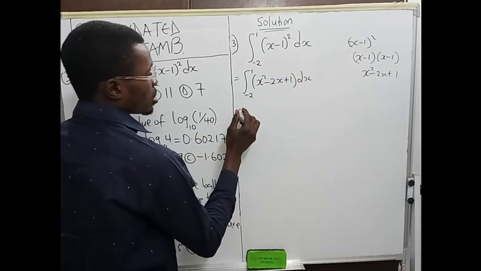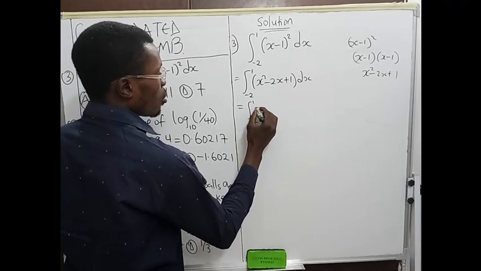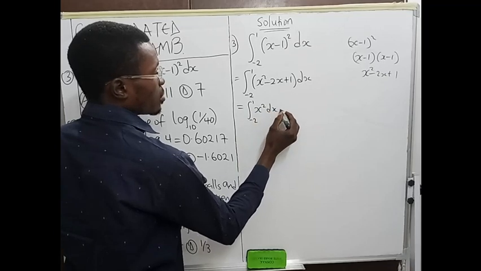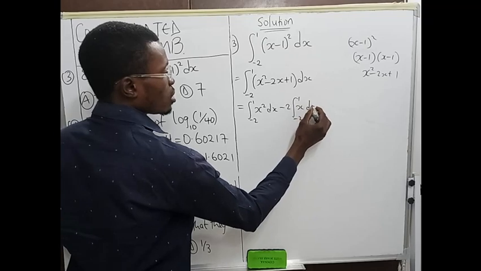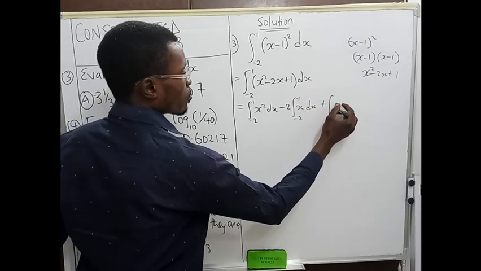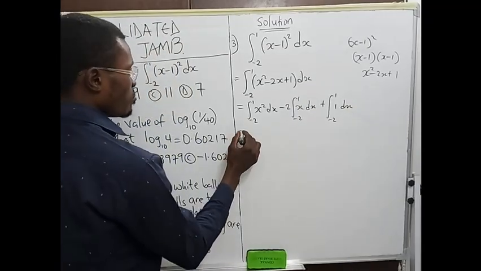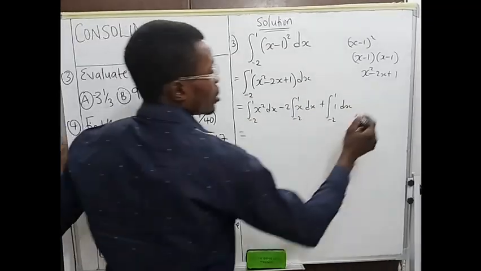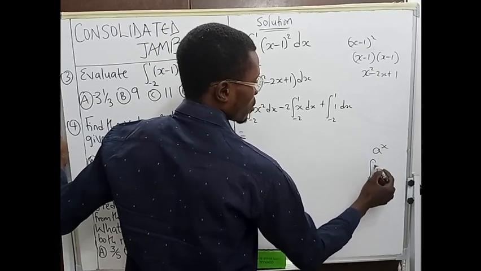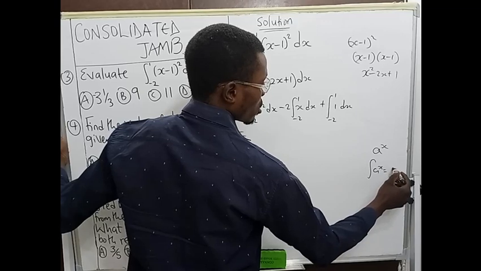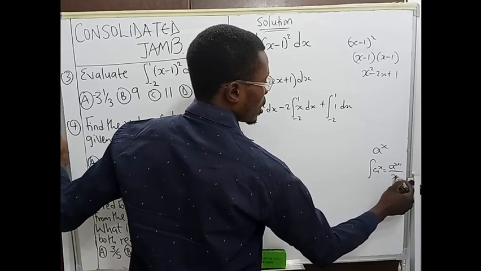If I pass the integral through, I'm going to have the integral of x squared dx, minus 2 times the integral of x dx, plus the integral of 1 dx. What will this give me now? Given the function a raised to power x, the integral is expressed as a raised to power x plus 1 over x plus 1.